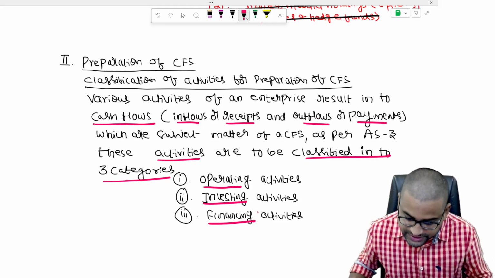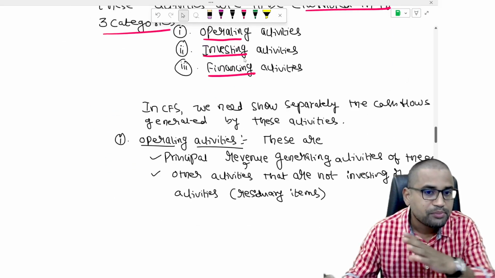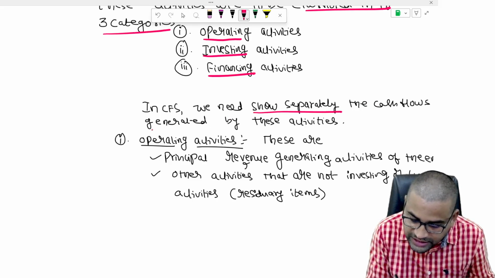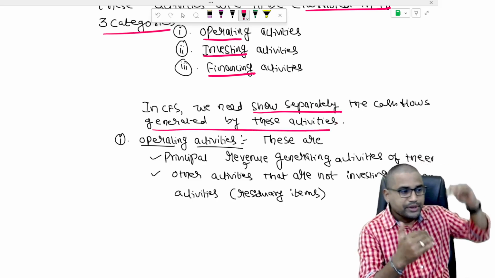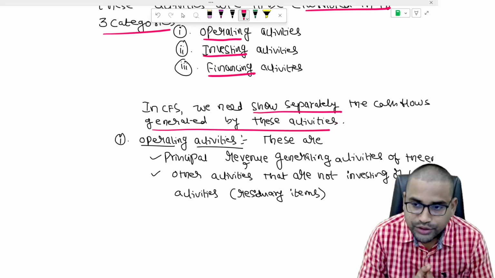When preparing the cash flow statement, we need to show the cash flows generated by each of these activities separately.